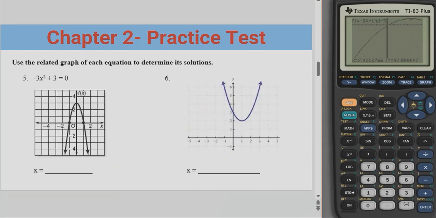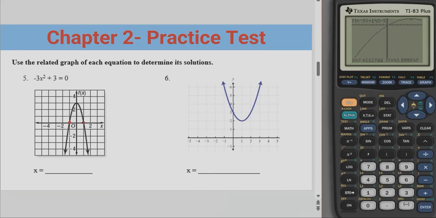Looking at 5 and 6, those are just determining the solutions, looking at the graph, telling where that graph crosses the x-axis. Number 5, it's pretty obvious. They've even highlighted the points there. They've got them marked out right where they cross the x-axis.